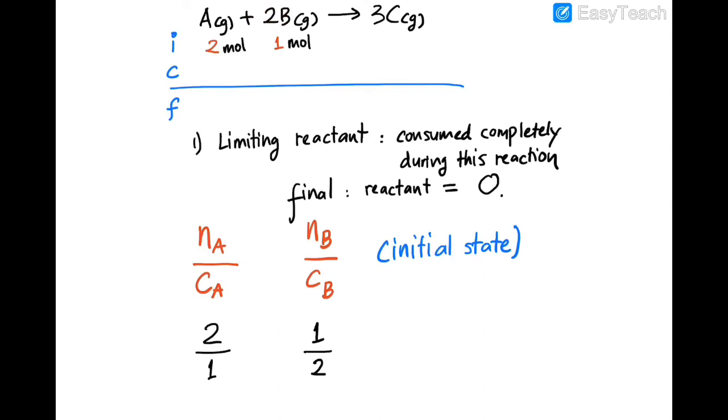So you get 2 for A, and 0.5, or a half, for B. You compare these values and take the smallest one, in this case B, and therefore B is the limiting reactant.